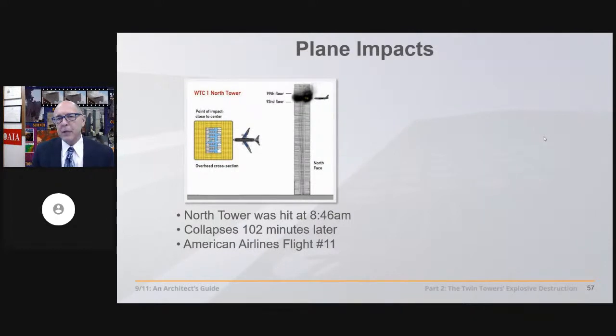But they also acknowledge that the jet fuel was mostly burned up outside, 90% of it outside the building. The rest of it was gone in 10 minutes. So it simply started the fire. And that's important because we'll be looking at jet fuel in some detail next week.